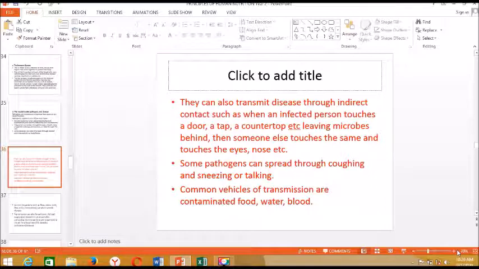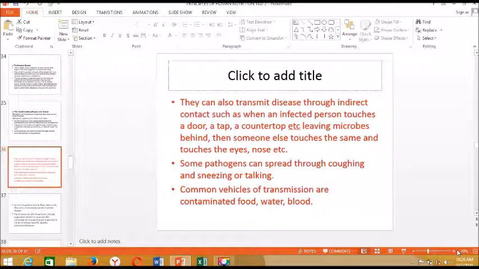So here, the pathogens are transported by food. If they have fallen on food and you are eating that food, the food becomes a vehicle of transmission. If the pathogen is in water, you are drinking dirty, unsafe water, you are transferring those pathogens into your body through the water.